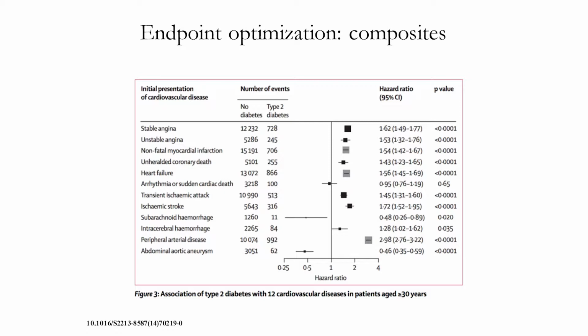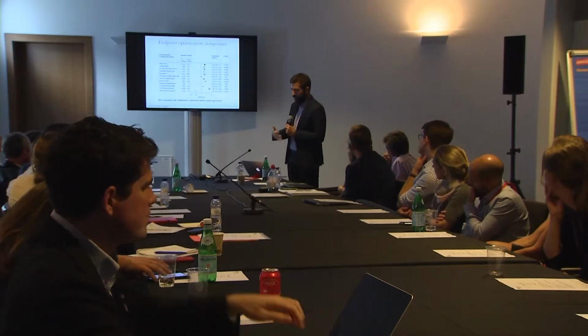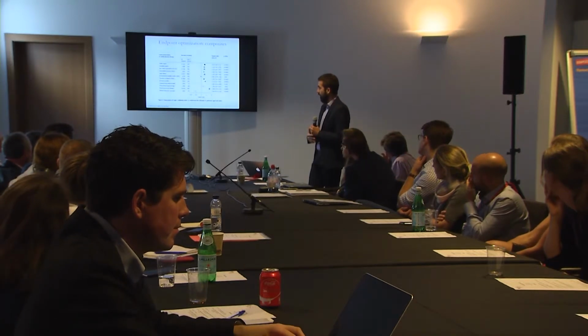But for example, heart failure and stable angina are chronic diseases that do have a strong association with type 2 diabetes. Yet they very rarely feature as primary endpoints in trials. And I think, again, there are multiple issues on why that is happening. But using these types of data, you could better inform the design of trials or the mechanisms that you're trying to check.